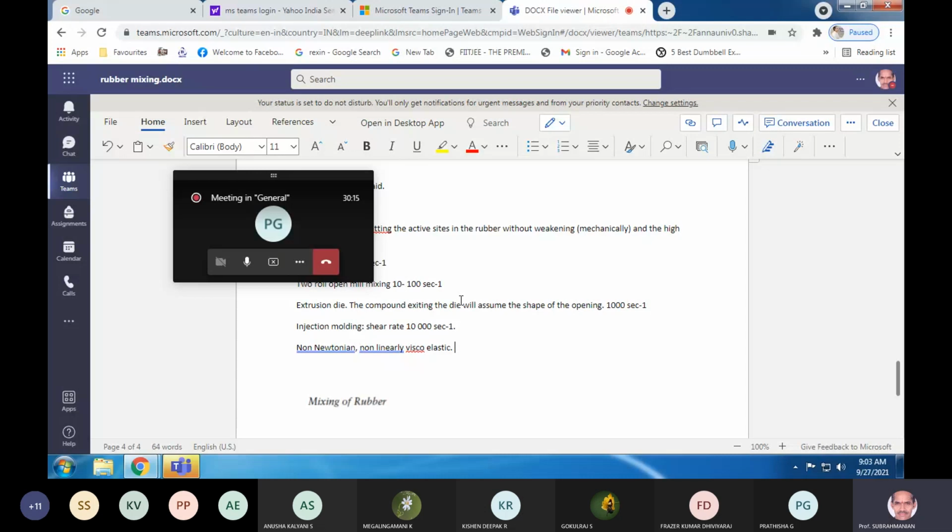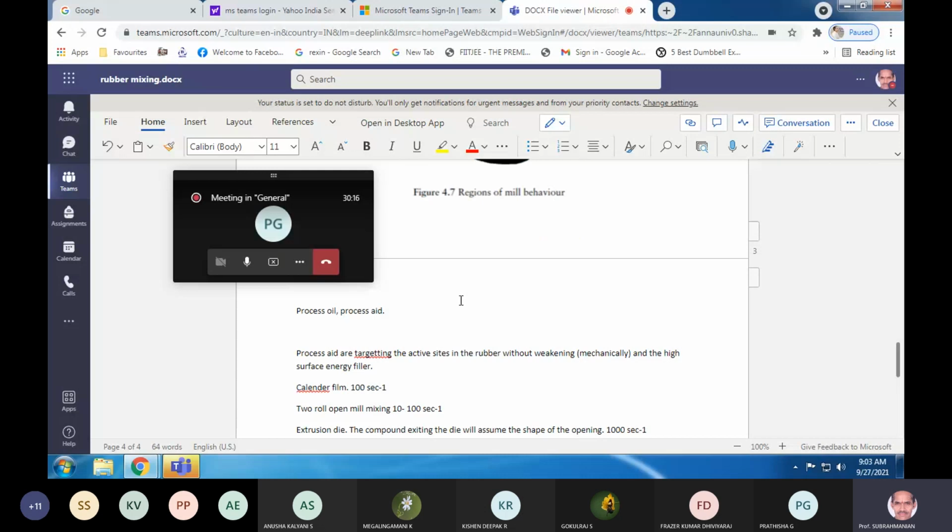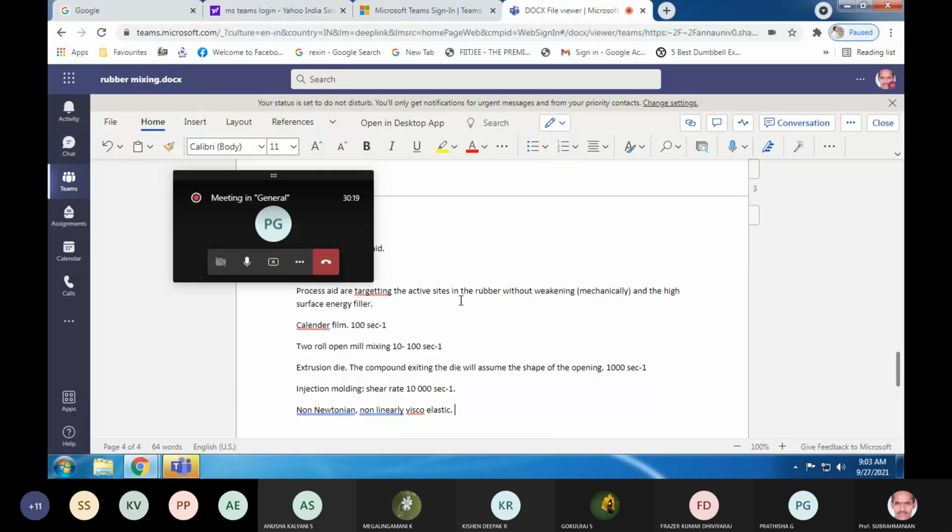And what works well for calendering, listen very carefully, need not work well for extrusion or injection. But the converse is true. What works for injection and extrusion will definitely work for calendering because the shear rate is less.